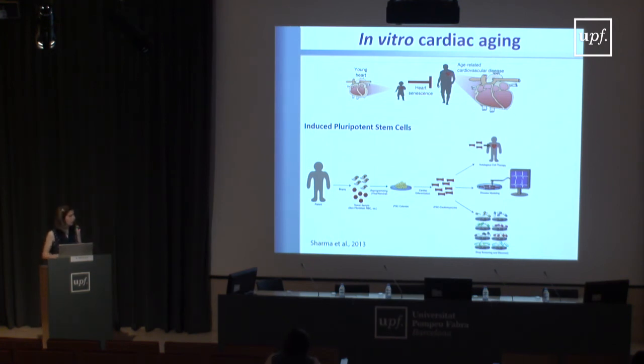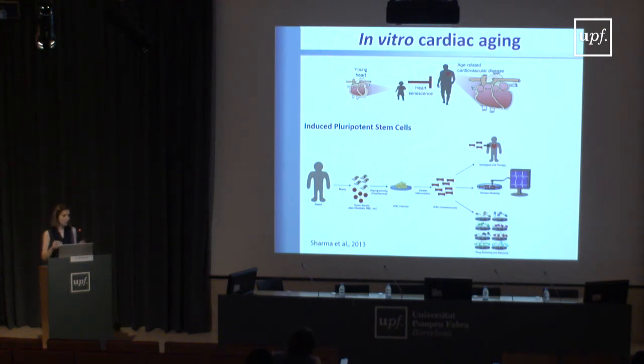So what we are doing now, in a study done by another researcher in my group, is to use this in vitro model where we use genetic engineering to induce aging in a controlled manner using iPS-derived cardiomyocytes.